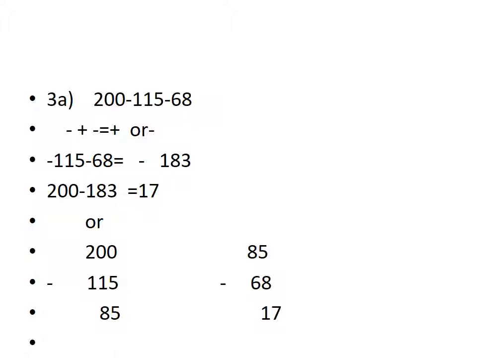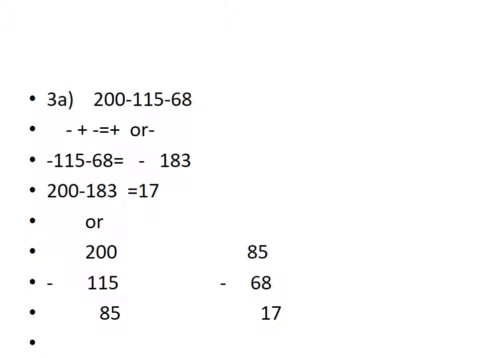Question number 3, A part. 200 minus 115 minus 68. Children, we can solve this sum by two methods. According to the first method, first you add the numbers which have the minus sign. That means add 115 and 68.